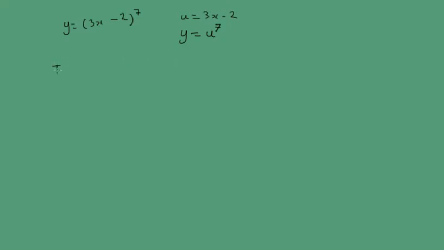So the chain rule is, if we've got this function y, dy by dx is the same as dy by du multiplied by du by dx. So this is the chain rule.